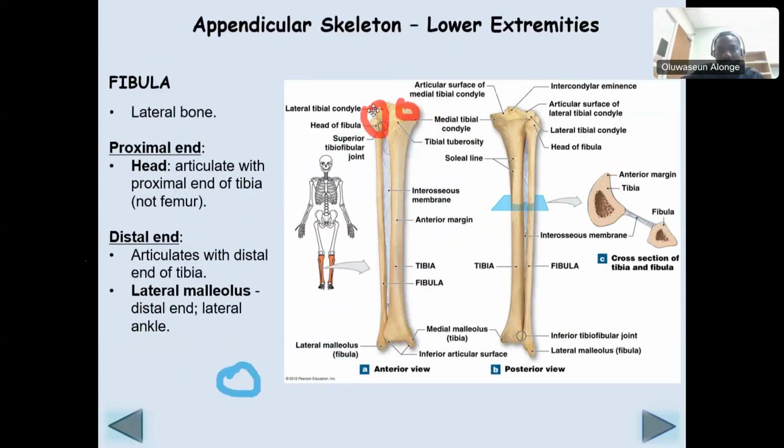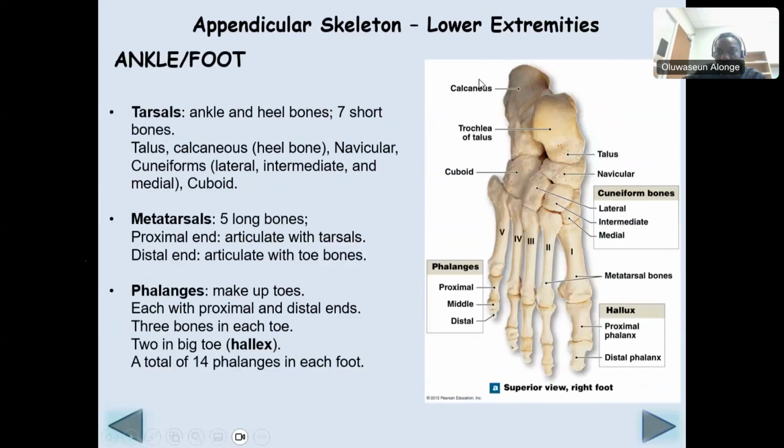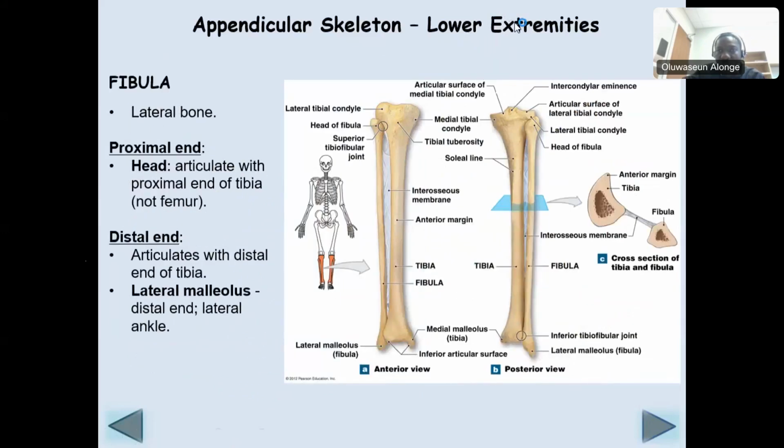All right. Now, when you look proximally, the head of the fibula articulates with the tibia, not with the femur, right? It articulates with the tibia to form what we call the superior tibio-fibular joint. On the inferior end, they also articulate with each other, and we call that the inferior tibio-fibular joint. So here is the inferior tibio-fibular joint, you see that?